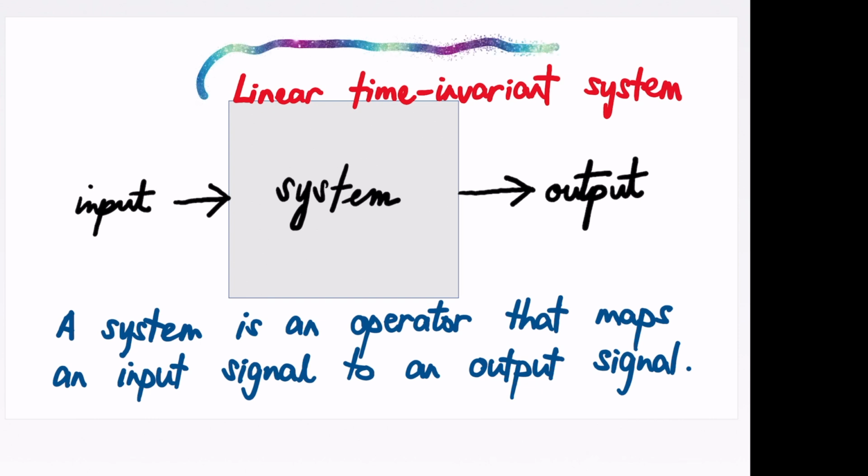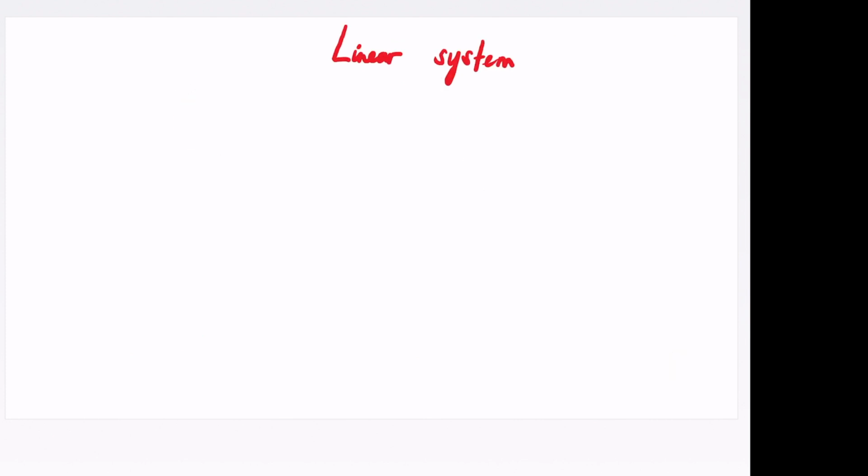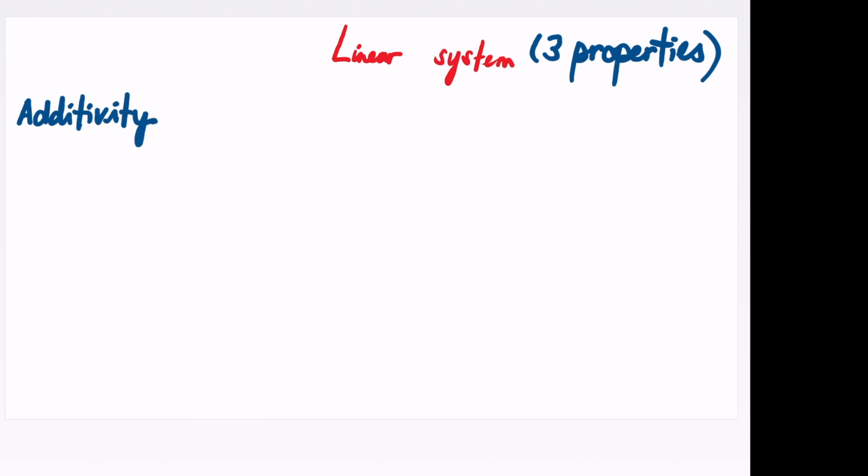Now let me introduce the linear time invariant system. A linear system has three properties. The first one is called the additivity property.